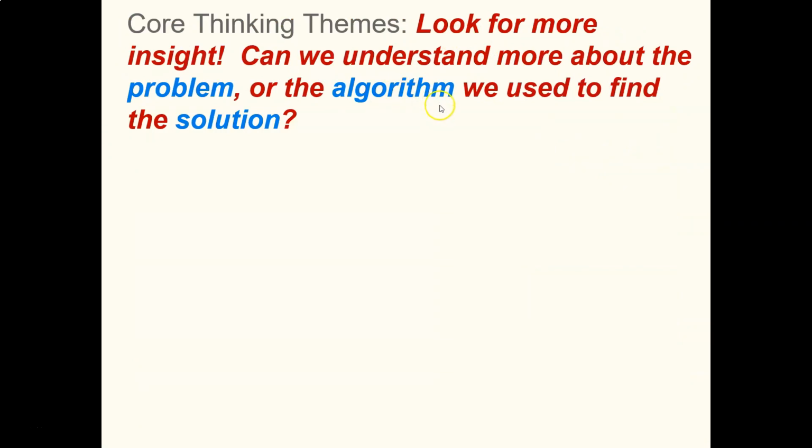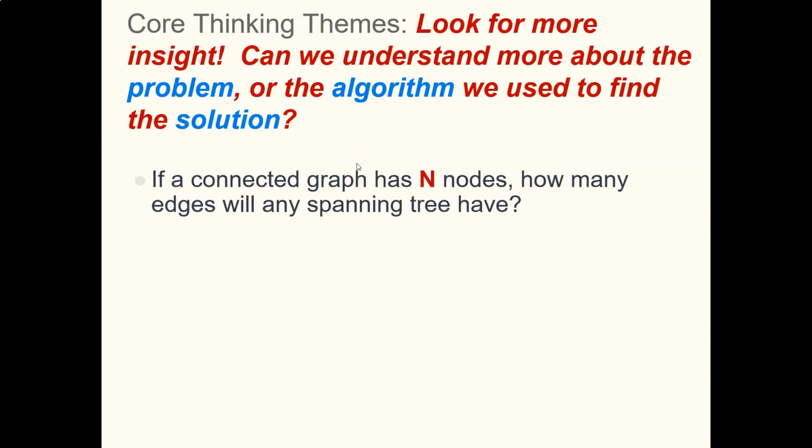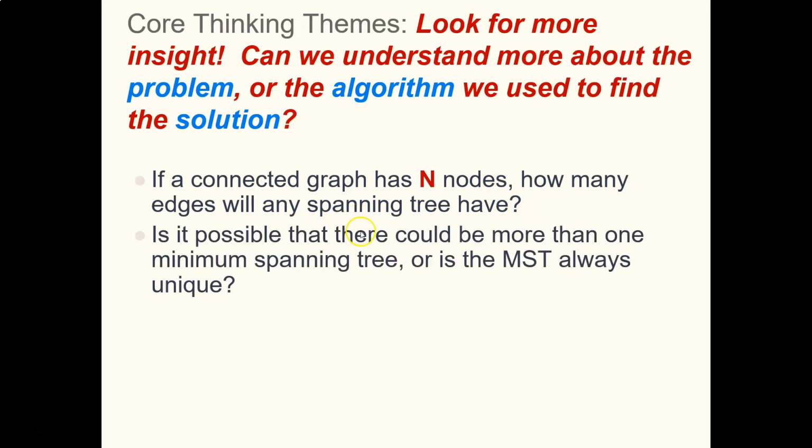Can we understand more about the problem or the algorithm we use to find the solution? We can ask this: if a connected graph has n nodes, how many edges will any spanning tree have? Is it possible that there could be more than one minimum spanning tree, or is the minimum spanning tree always unique?